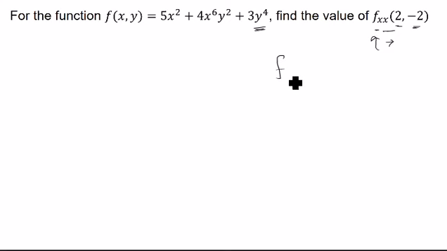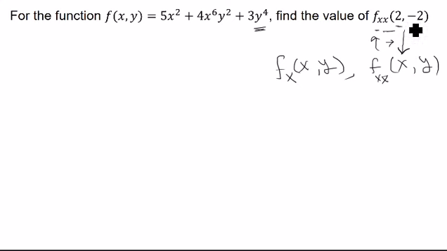First of all, we'll have to find f sub x of x comma y, as our first partial derivative, and then we'll find the second partial derivative, which is f sub xx of x comma y, and then eventually we'll replace the first variable by the number in the first position and the second variable by the number at the second position.